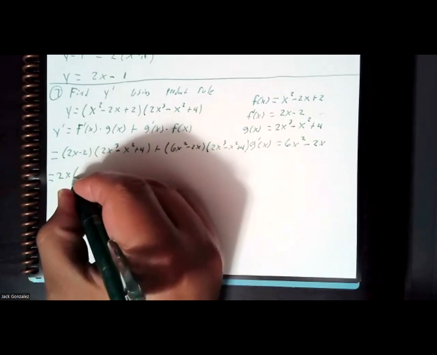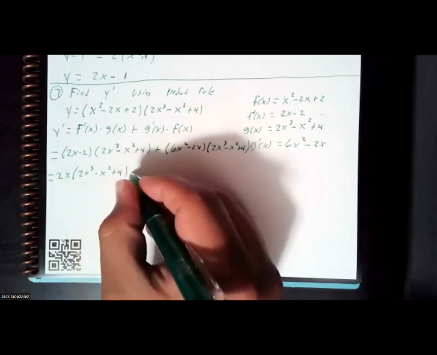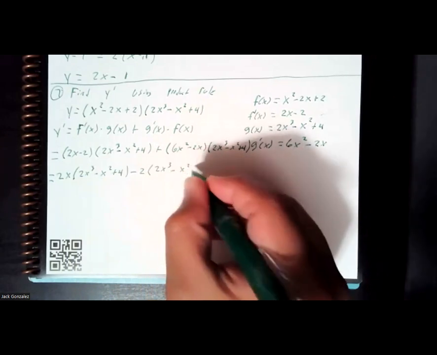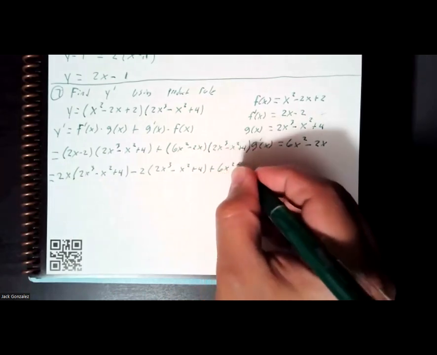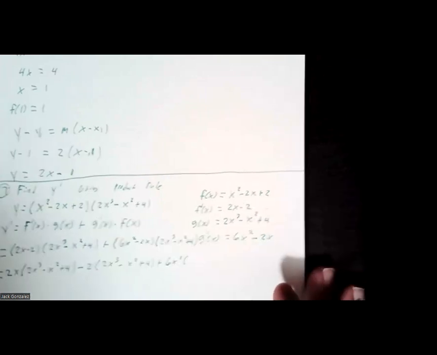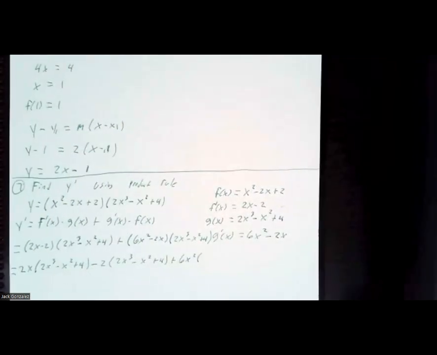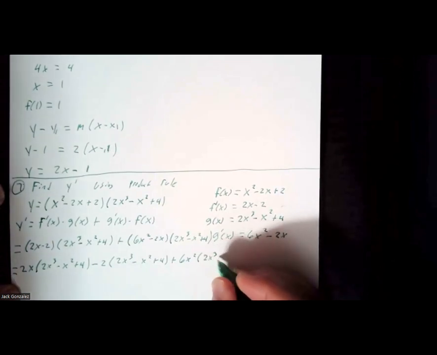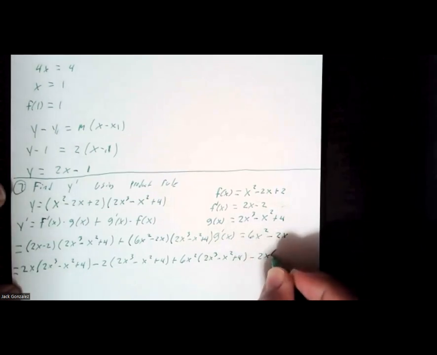Yeah, I guess we'll do that. 2x times this entire thing, minus 2 times that same thing, plus 6x squared times that garbage. Excuse me. Minus 2x times that last piece.